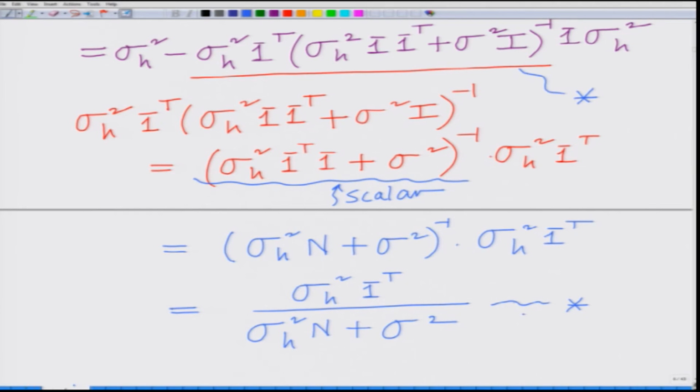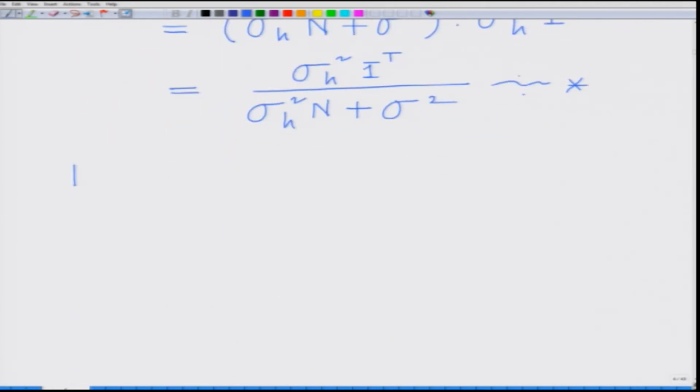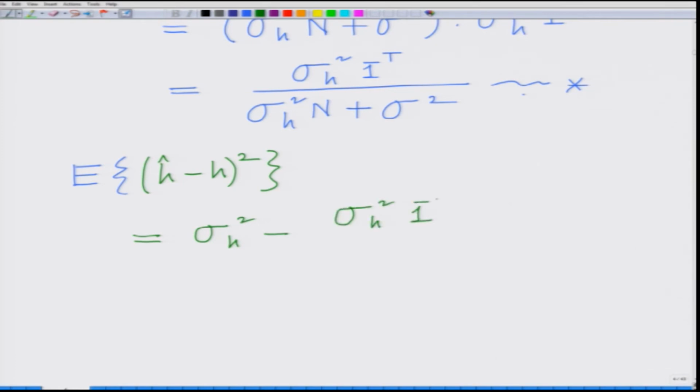So we are going to take the star and substitute it above, and therefore what we have is the MSE, the expected value of (h hat minus h) whole square, equals sigma_h square minus sigma_h square 1 bar transpose divided by (sigma_h square n plus sigma square) into 1 bar times sigma_h square.